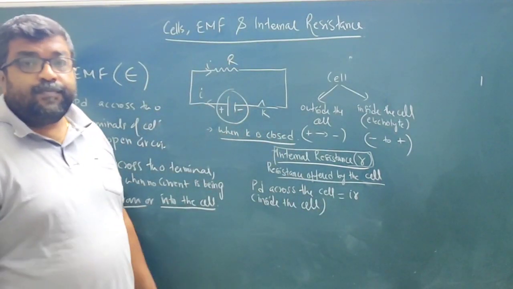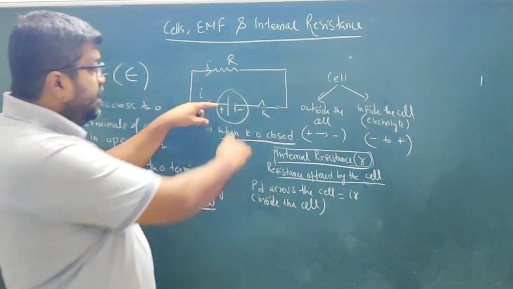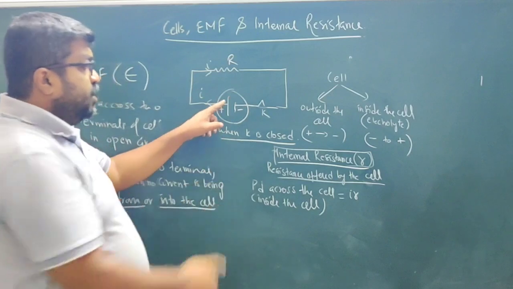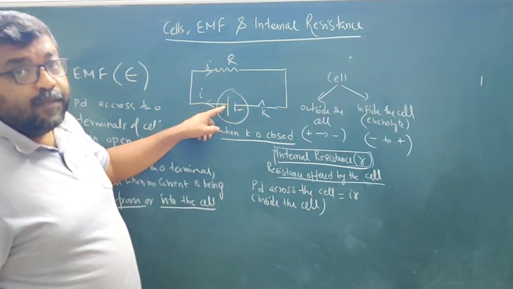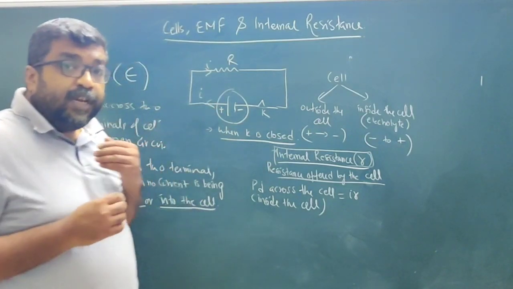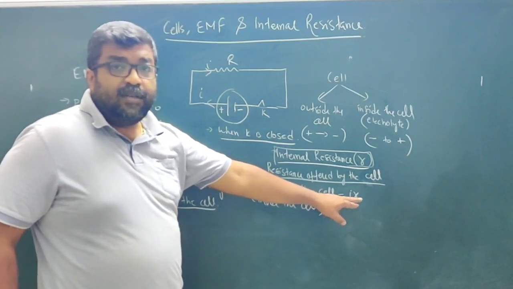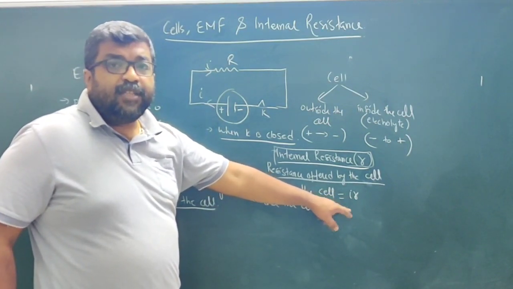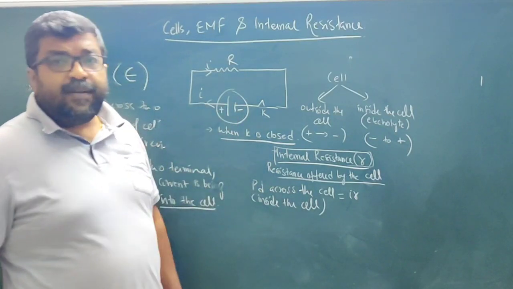Now, what is EMF? EMF is the potential difference between the two terminals of a cell when no current is flowing. So when the current flows, this potential decreases by this amount, because this amount gets dropped inside the cell.